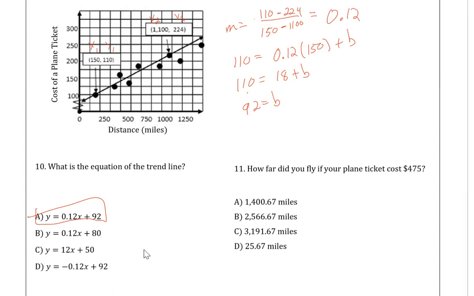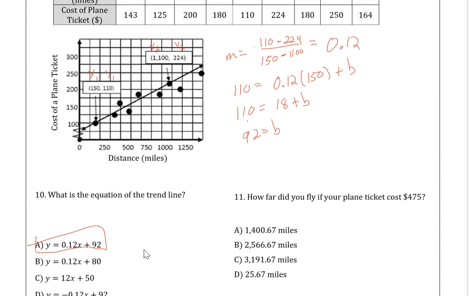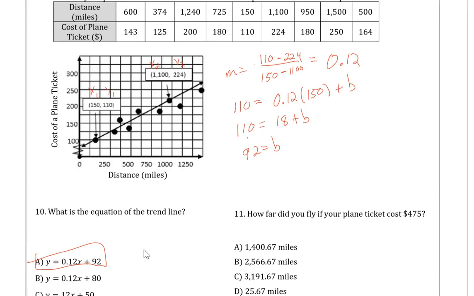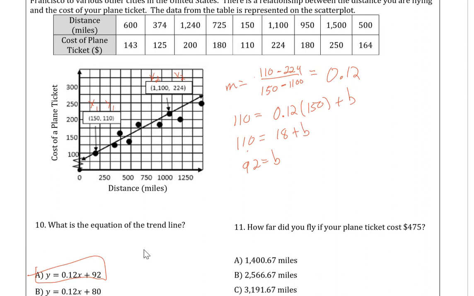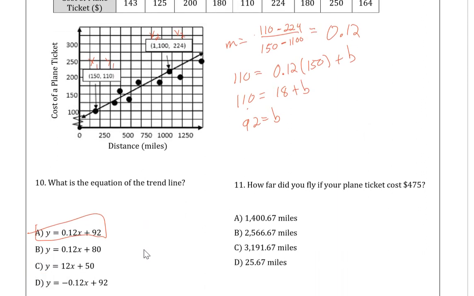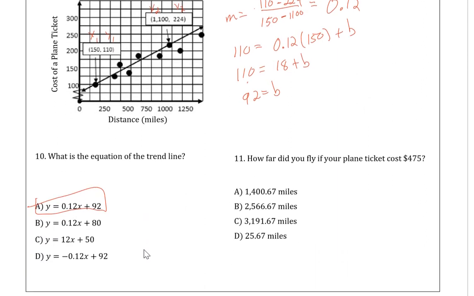And then how far did you fly if your plane ticket cost $4.75? If we think here, our Y variable represents the cost of the plane ticket. So for $4.75, well, sadly that's not on my table, so we need to go ahead and plug in. I have $4.75 as my cost.